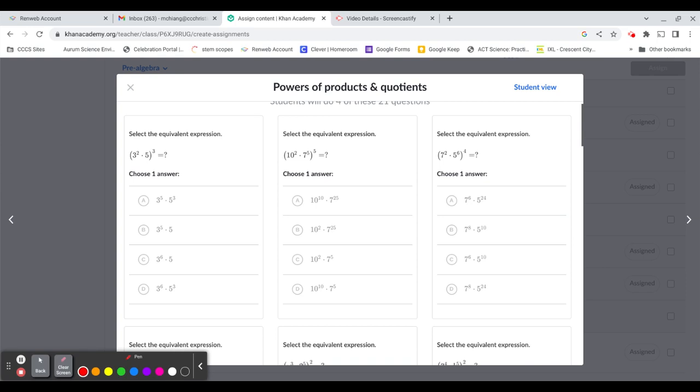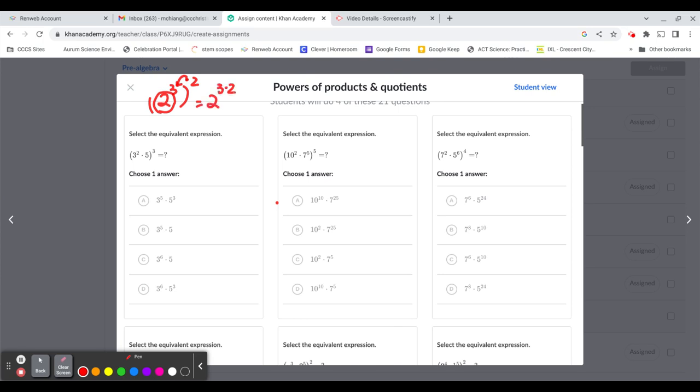Now let's look at the power of products and quotient. First question, when you have things multiplied in the parentheses, remember earlier we have, for example, a to the power 3 and 2. The base stayed the same. We apply the exponent 3, that means you multiply them, right? 2 to the power 3 times 2.